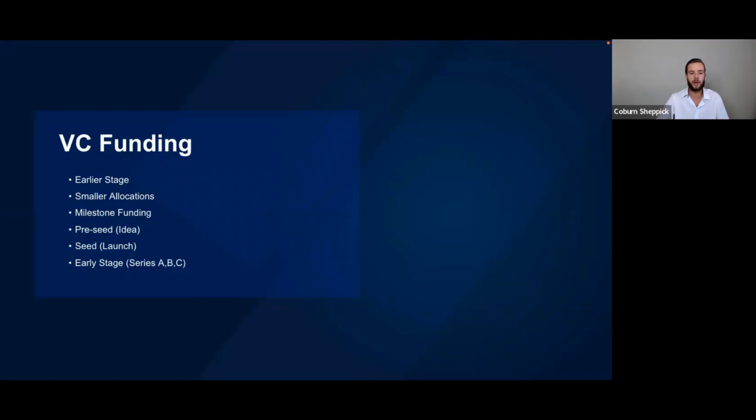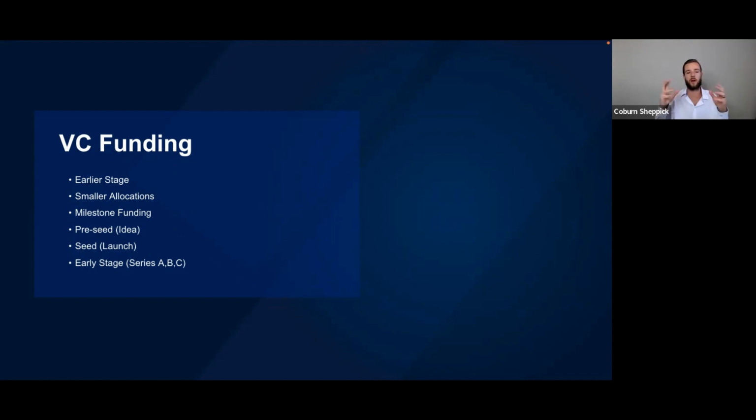And then early stage is usually when companies can have a true valuation based on real data, based on revenue. And that's where a company does a Series A, raises a round, then potentially does a Series B and raises another round. This is still early stage, which is why it's venture capital, but it's much later stage than pre-seed or seed.